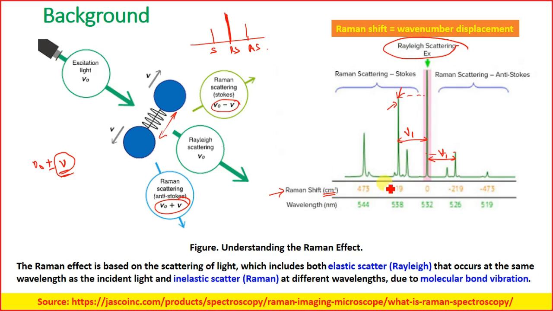We have mu minus mu 0, so on the left hand side the frequency is low. Since the frequency is low, the energy content will also be low, whereas in the anti-Stokes line, over here in this region, the frequency is high, and the energy is high also.